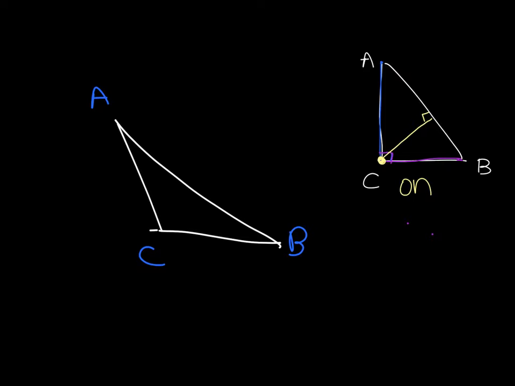What I have to do is extend out this side to get a segment that starts at A and is perpendicular to the other side. So this is going to go outside your triangle. If I do the same thing with B, again, none of these segments are going to be perpendicular. So I have to extend this side and then go from B.